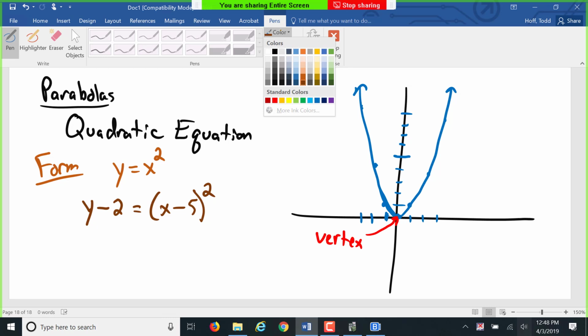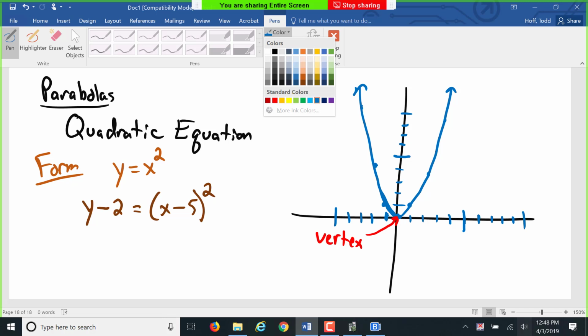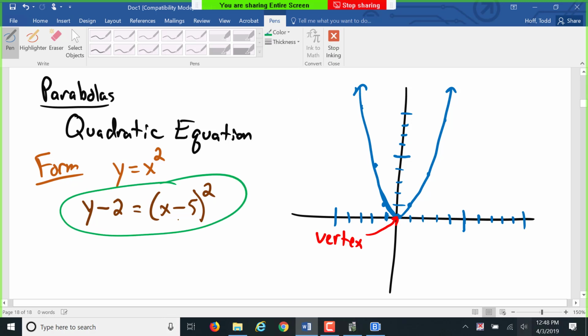So to be consistent with what we learned with our lines, given this equation, y minus 2 equals x minus 5 squared, the origin is going to move to what coordinate? 5. X is 5 and y is 2.